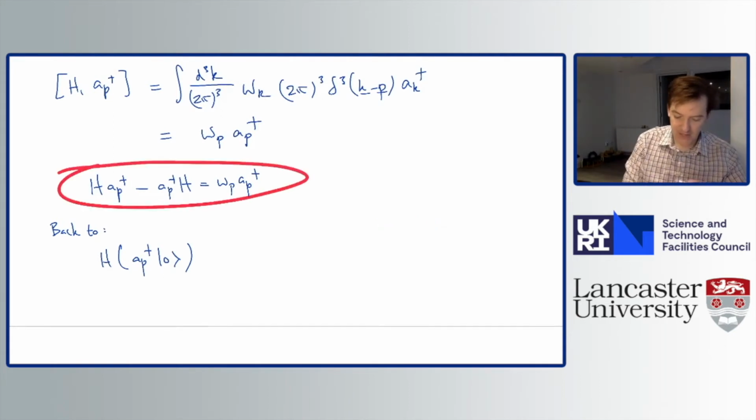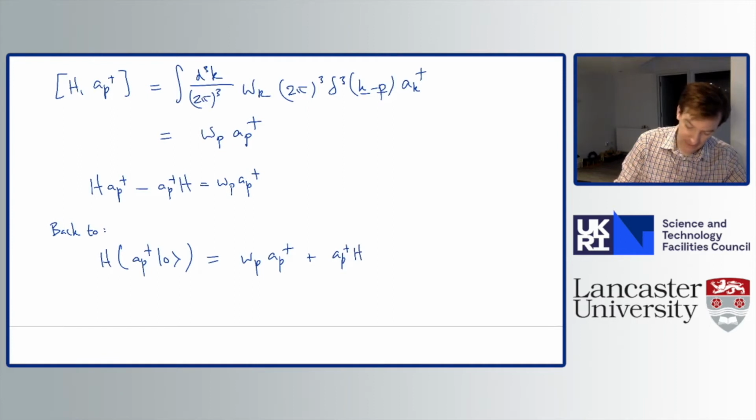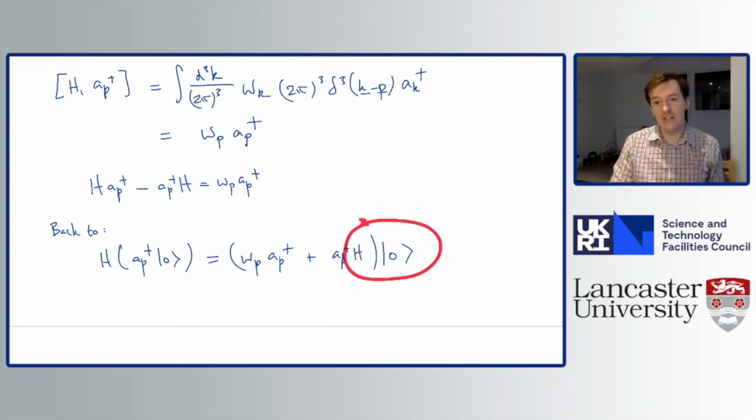This commutation relation we've just found tells us that H A dagger is, well, omega A dagger plus this piece when we bring it across. Okay, so in other words, this is omega P, A_P dagger plus A_P dagger H, all acting on the state 0. So as I said, by definition, H acting on 0 is 0.